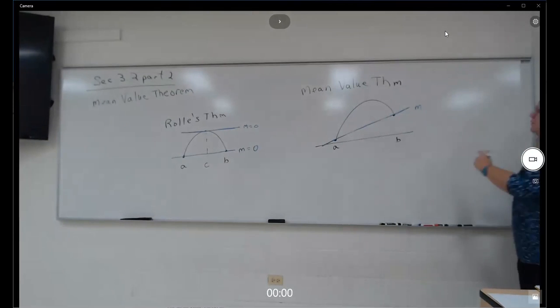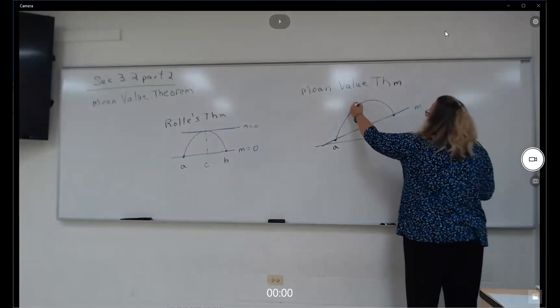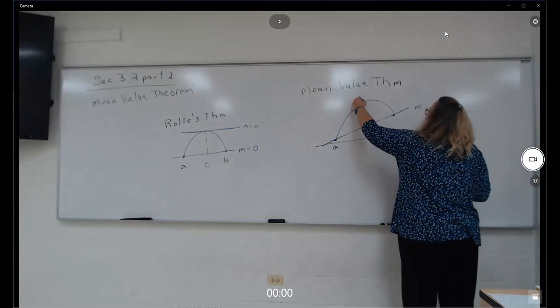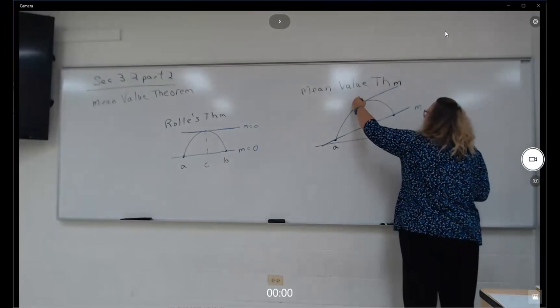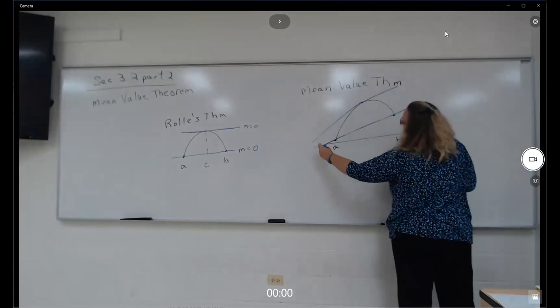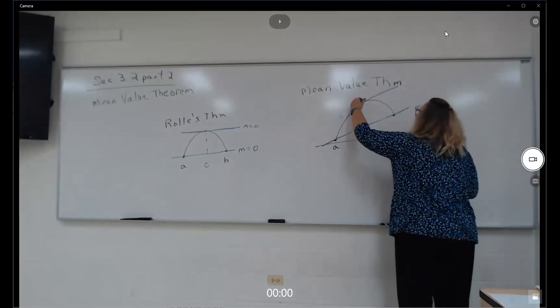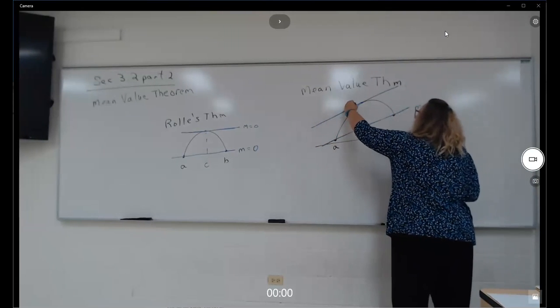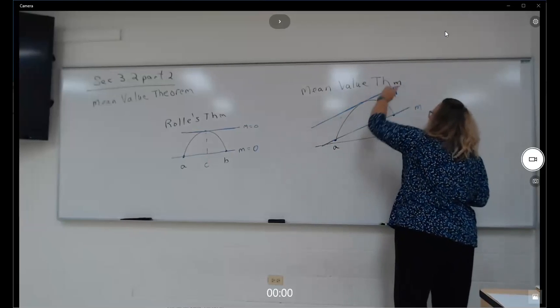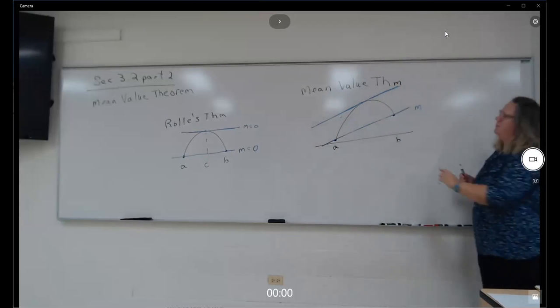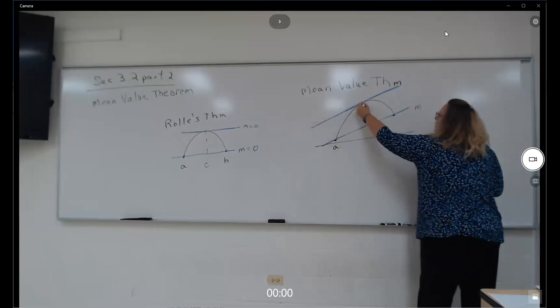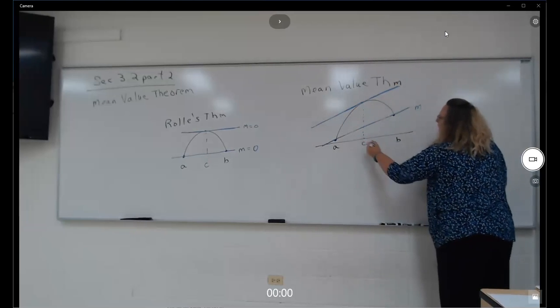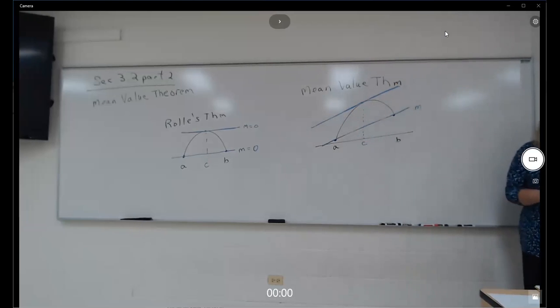But this will also come into play. So there is a point somewhere on here that has the same slope. So what should these two lines be? They should be parallel. And this is now our C. Is that C a max or min? I kept saying we're talking about max or min, but today it is not a max or min.